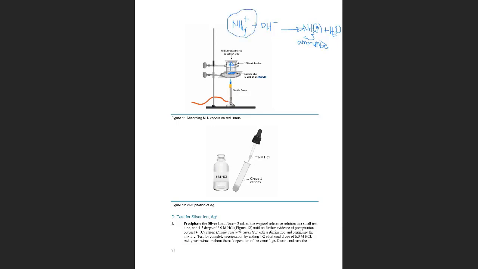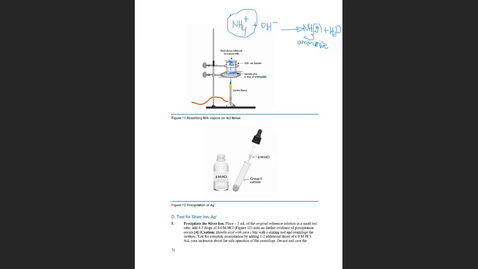Remember, you might see a question there in the quiz. So when you have the vapors of ammonia that are going up as soon as you add the sodium hydroxide, here what you have is a red litmus paper. You remember from Chem 1 that when you have an acid, the blue litmus paper turns red.